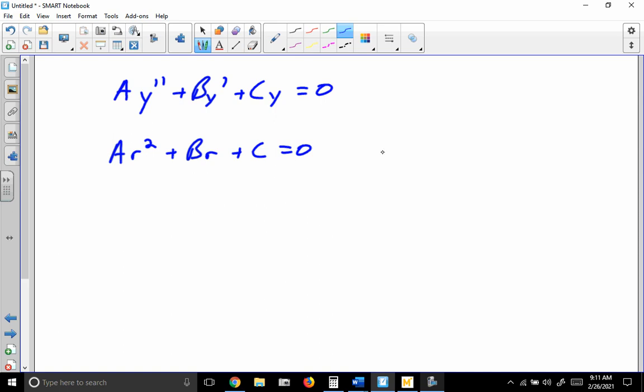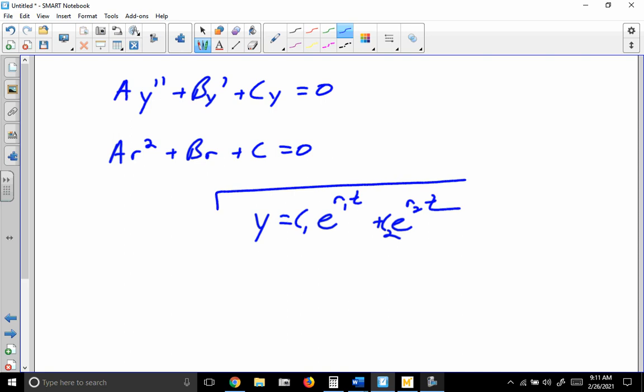So we're going to get e^(r1 t) with the first solution, e^(r2 t) with the second solution, and each of those can have an arbitrary constant in front of them. This is our general solution for second order homogeneous differential equations.